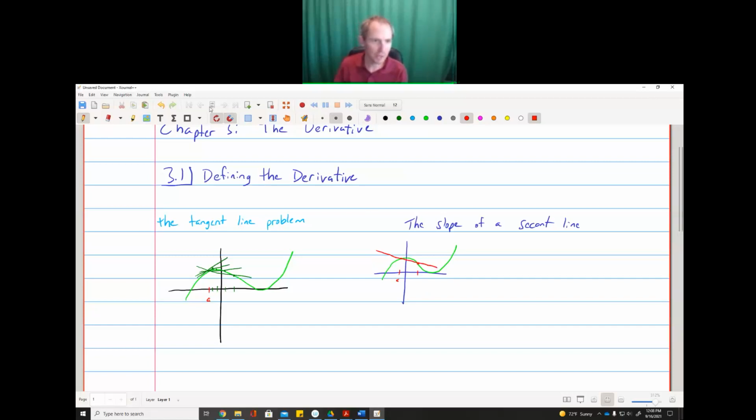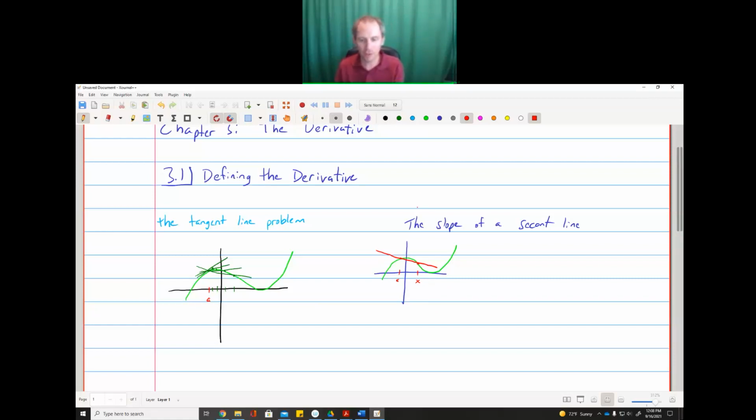So here we have an A value, and I want to label the second one. Let's call the second one X. Then the Y value is f of A for the first point and f of X for the second.